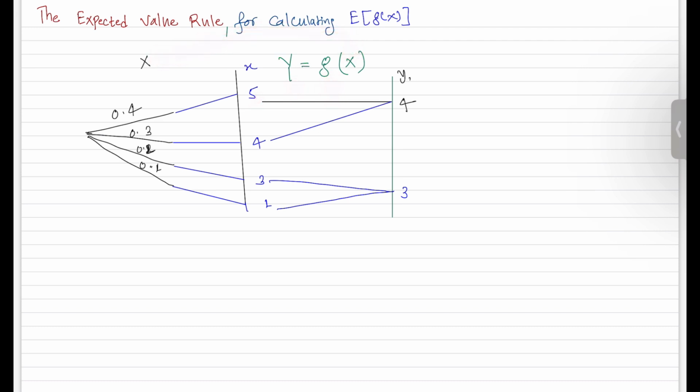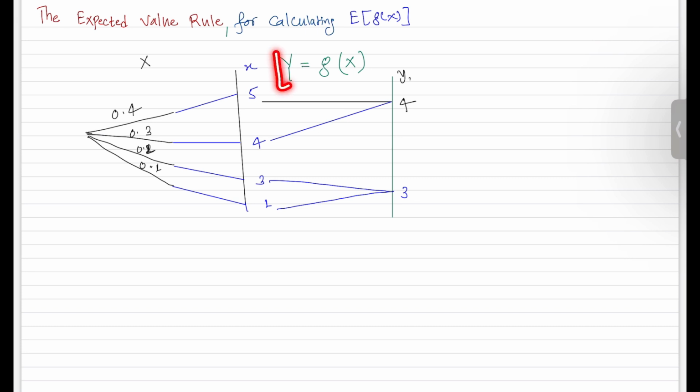So this 5 is getting mapped to y by this random variable y. Similarly, this 4, the value that the random variable x is taking, is getting mapped to 4 by this random variable y, and so on for all other possibilities.